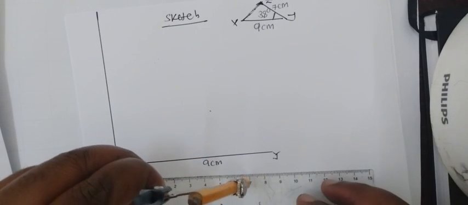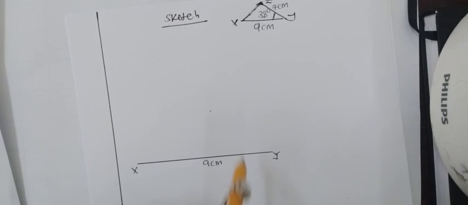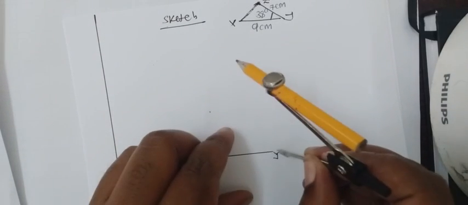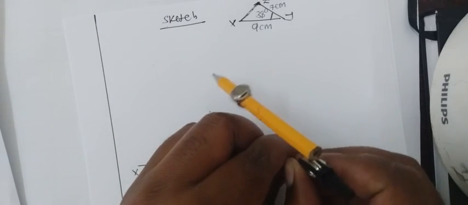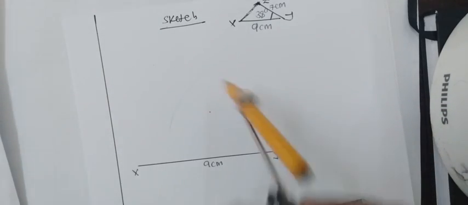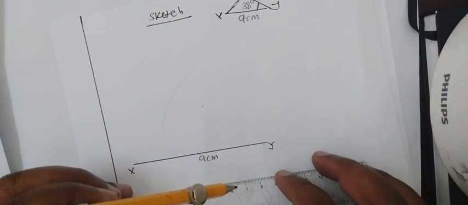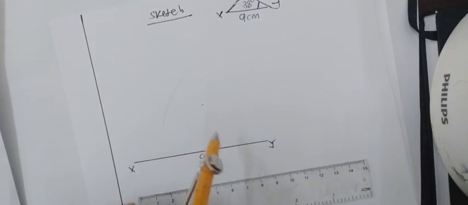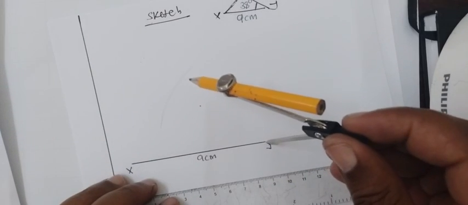Then hold the compass and let Y be your center. So you create an arc here. It's enough. It has gone beyond because it is moving. Can you redo it here?